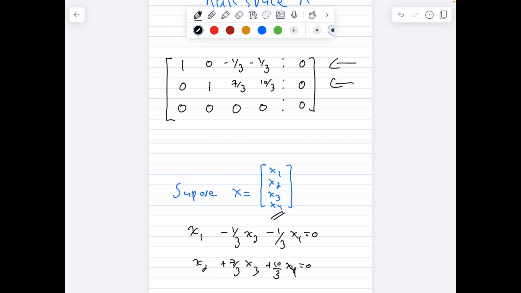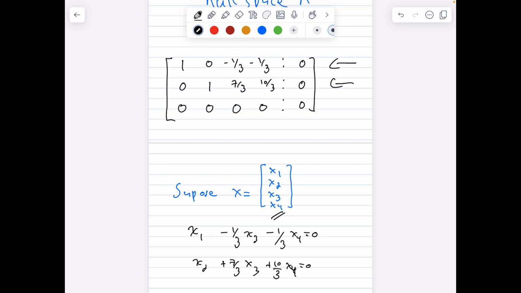So for example, where I have 1, 0, minus 1/3, minus 1/3, 0, that's like saying x1 minus 1/3 x3 minus 1/3 x4 equals 0. And my second line is equivalent to saying x2 plus 7/3 x3 plus 10/3 x4 equals 0. And here I'm just making a reference to where the course starts off, when you're solving systems of equations and doing row reductions.